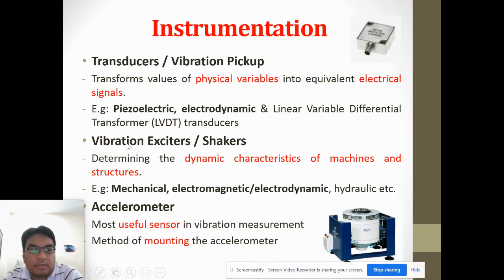Examples of transducers are those made of piezoelectric materials, electrodynamic types, or the linear variable differential transformer, LVDT. The vibration exciter or shaker is used to determine the dynamic characteristics of a machine and structure. This is an example of the shaker we have.